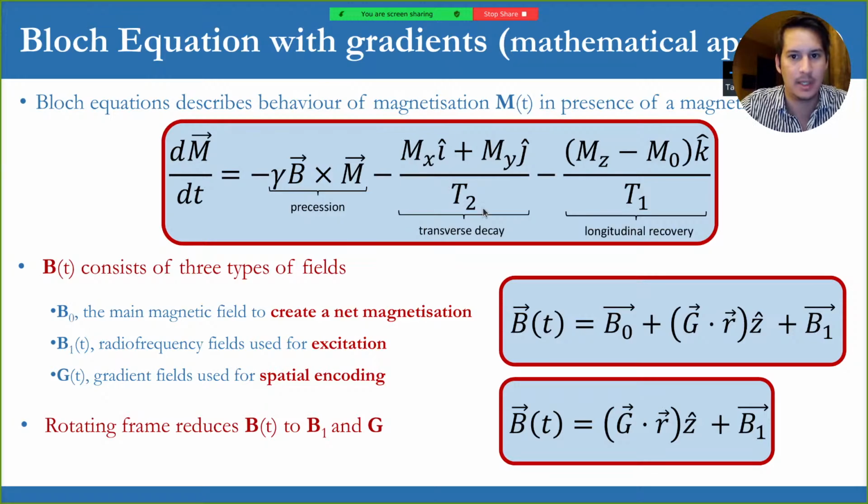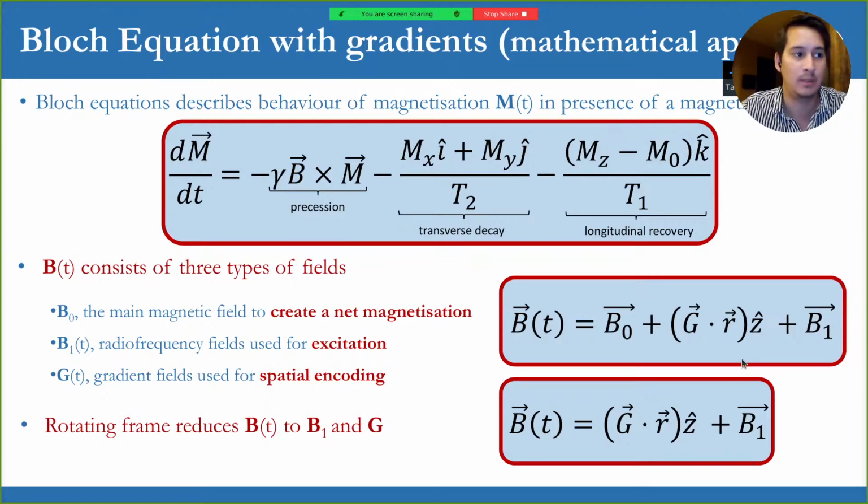The second term has the T2 or transverse decay term, and the T1 or longitudinal recovery term. This magnetic field here, B, is a vector that has the principal component of the magnetic field B0. It has the gradients here, G dot product r, the gradients times the position in the z direction. That means that we are using this gradient term for the spatial encoding.